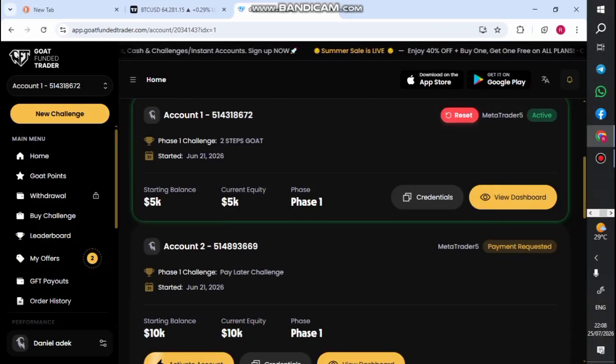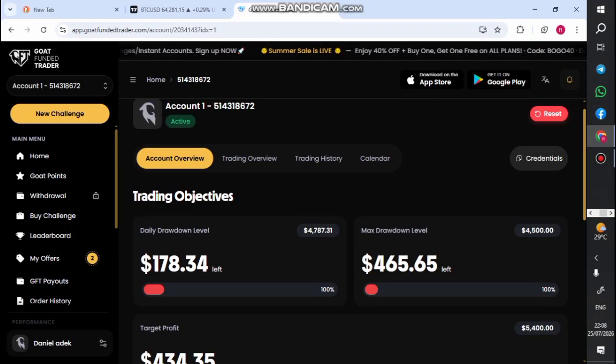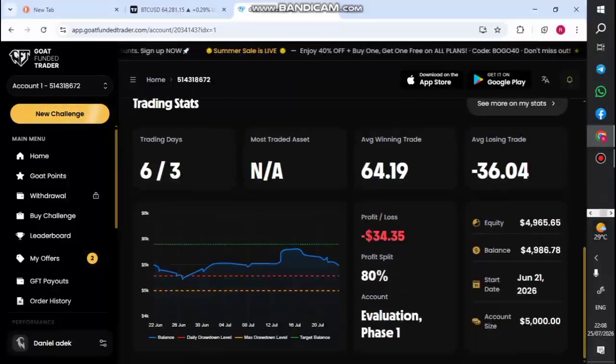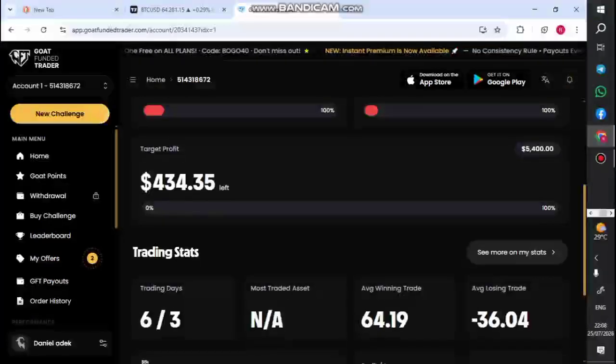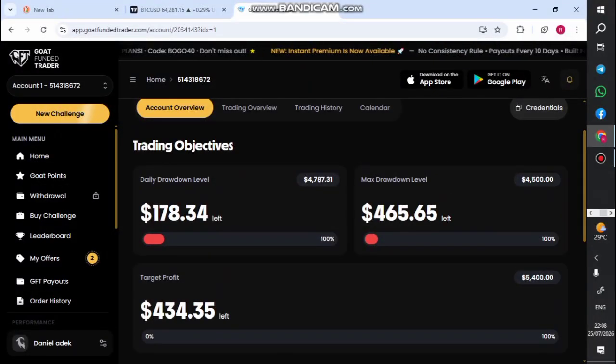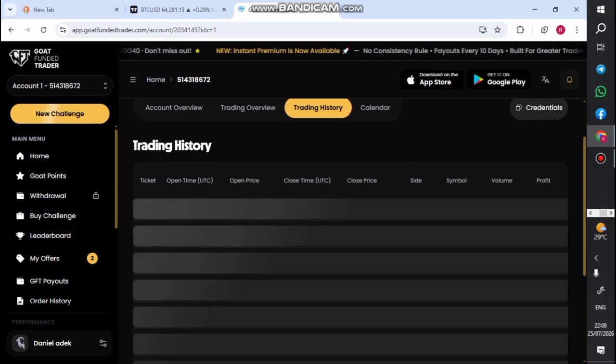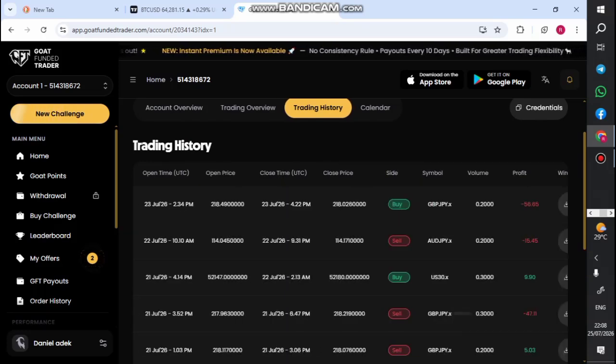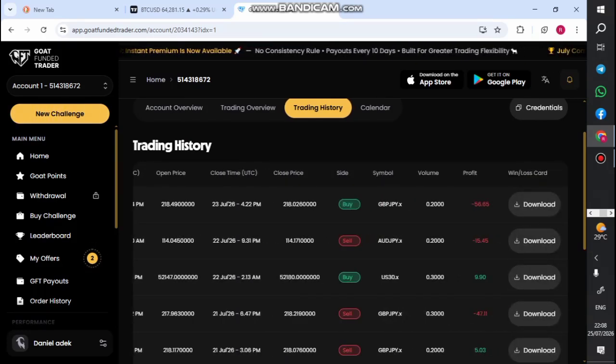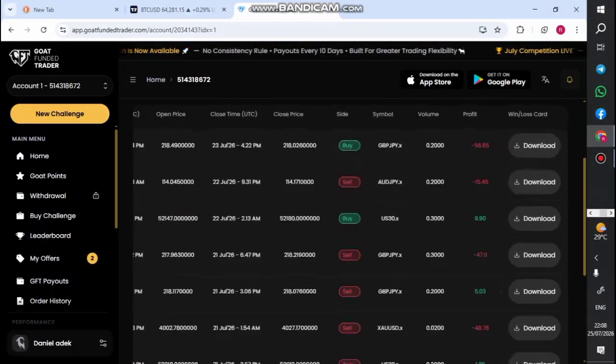So let me go through my dashboard. Earlier this week I was up $305 on this account, but you know the market has its own ways. So I actually ate a lot of SLs this week. Let me show my trading history. You will see I made a lot of losses. This was JPY, $56 loss, $15 loss.